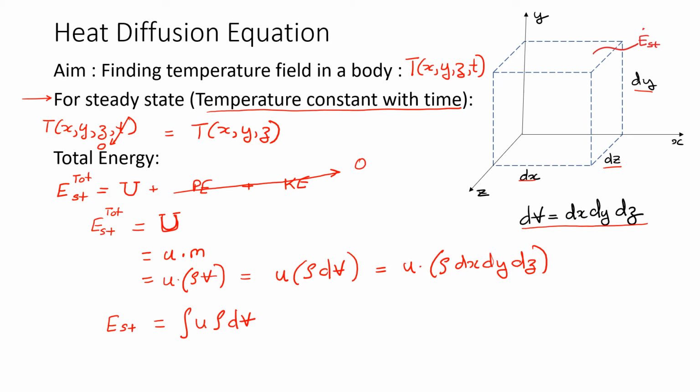Now the specific internal energy can be written as Cp, that's the specific heat at constant pressure, times temperature. And you might have seen this in your thermo course as well. So we will be using this definition of specific internal energy in our derivation.